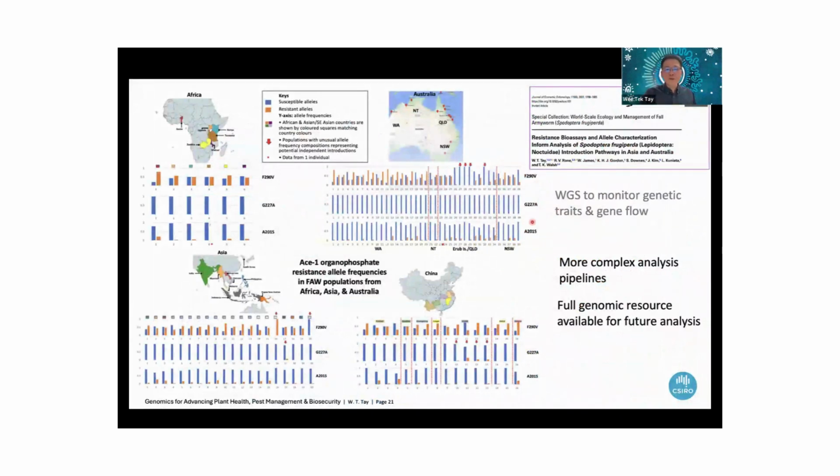And if we were to use a whole genome approach and just look at, for example, the organophosphate resistant allele frequencies, we can see that in Africa, the signature for F290V is quite unique between Western Africa and Eastern Africa. But more importantly, if we look at G227A, the African population has no resistant allele.